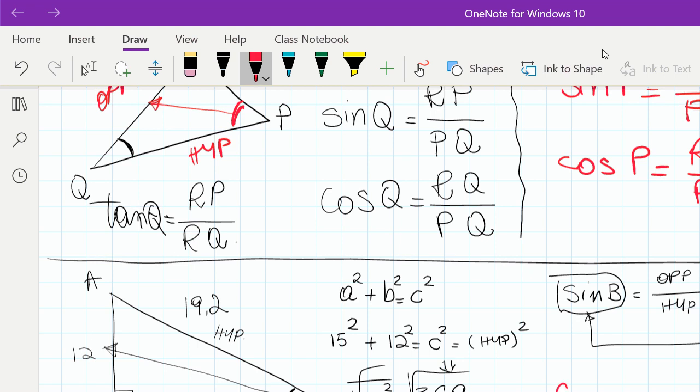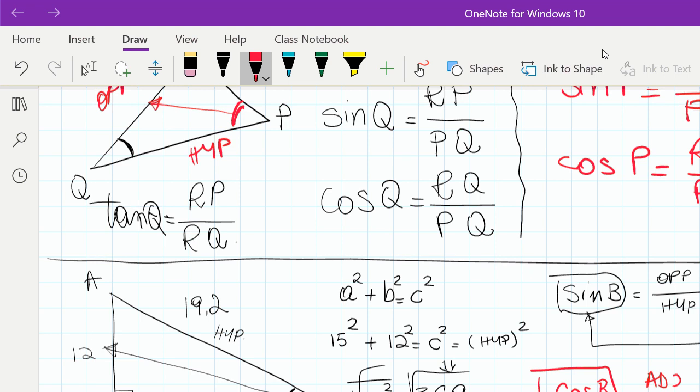On the other hand, cosine of angle B will be adjacent over hypotenuse, and the adjacent of angle B is 15, so it will be 15 over 19.2. Again, in your calculator, 15 divided by 19.2 will be 0.78125. So cosine will be this one here.